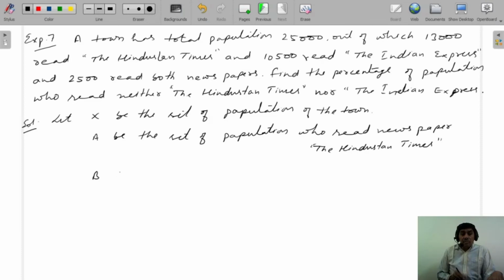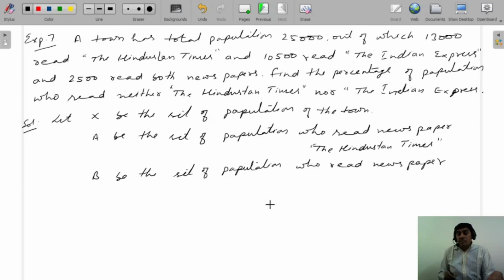B be the set of the population who read the newspaper the Indian Express.